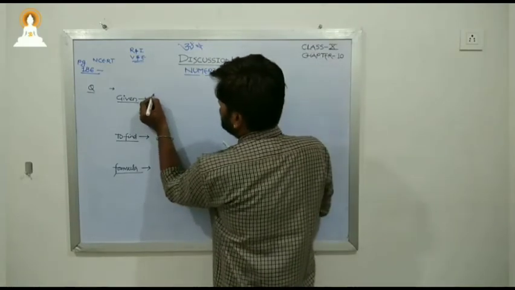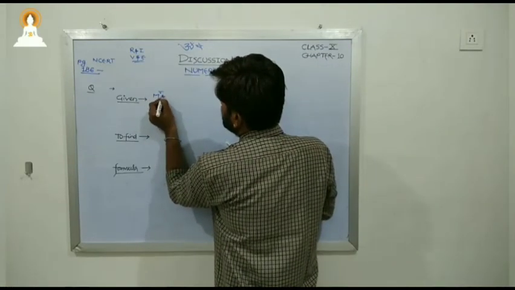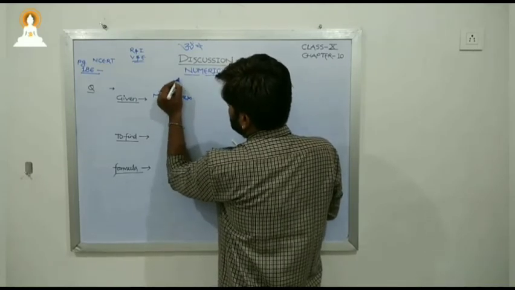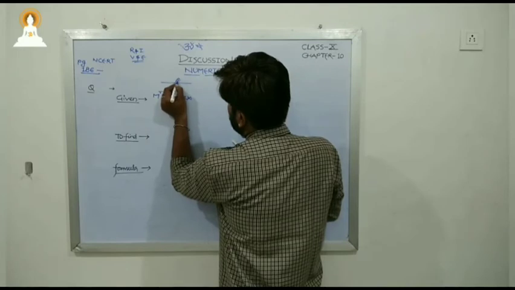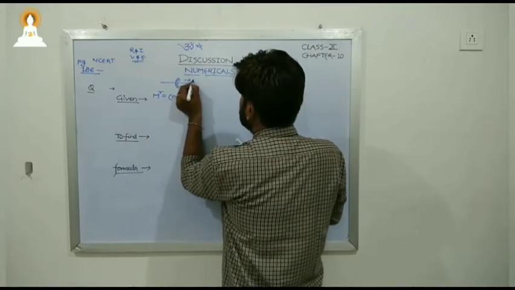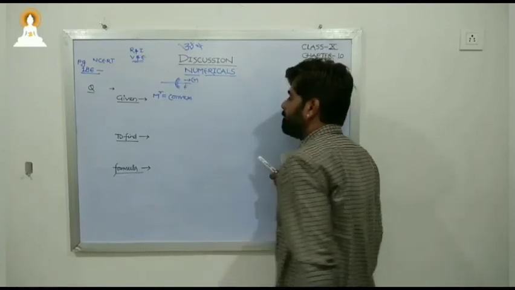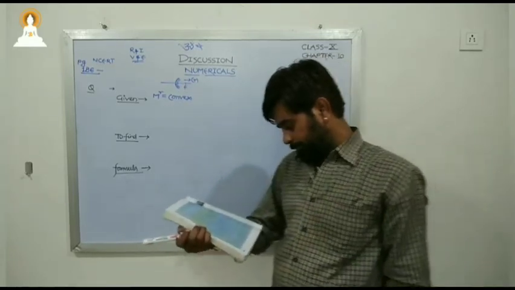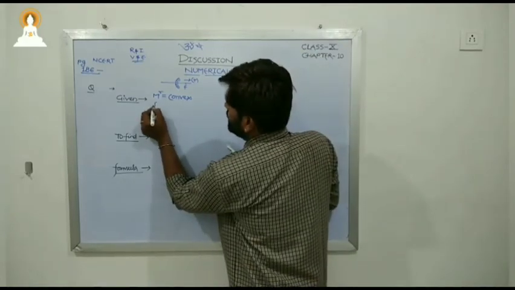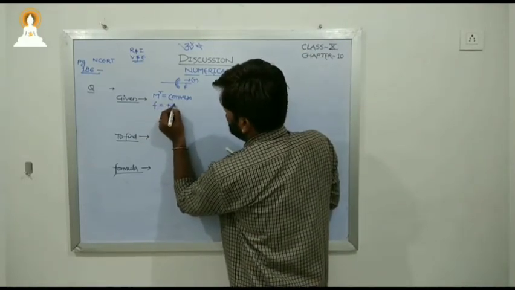Now this time they have given a mirror, and this type of mirror is a convex mirror. Now a convex mirror is just like this. Here is the shaded part, and the focus is here, which is on the positive side. No problem. Now a convex mirror of focal length 15 centimeter, which means the focal length is plus 15 centimeter.